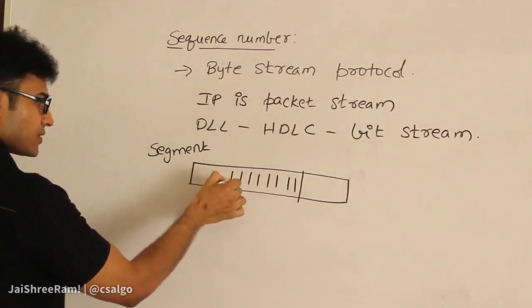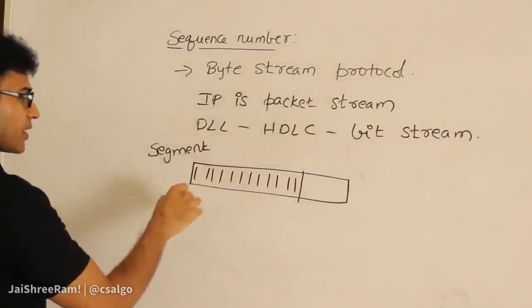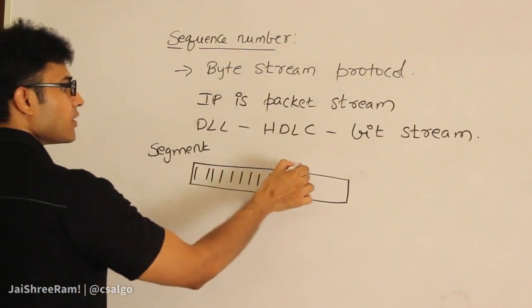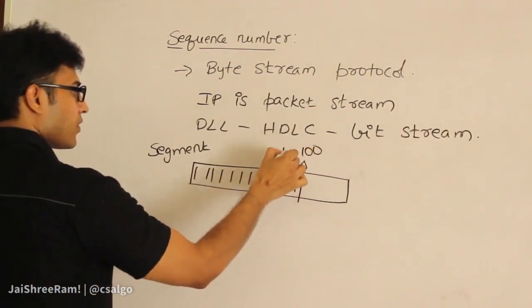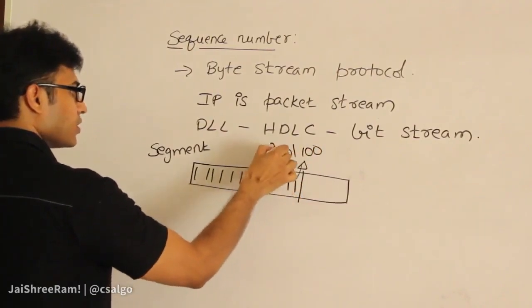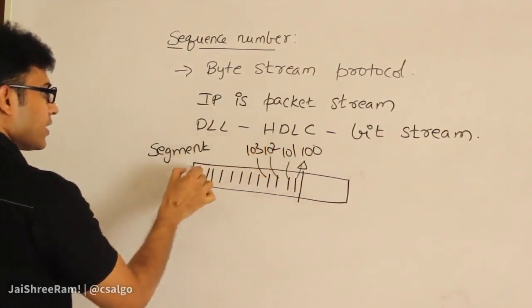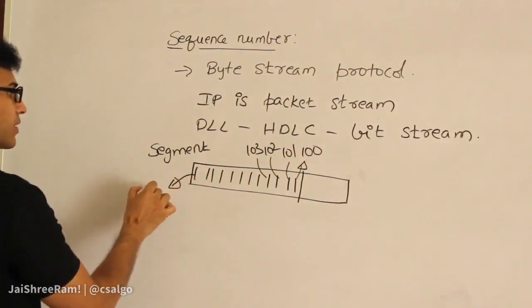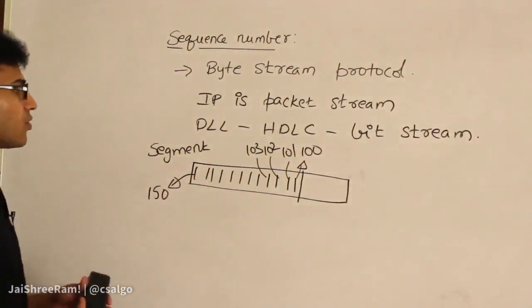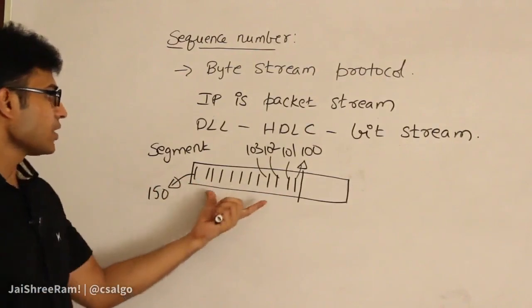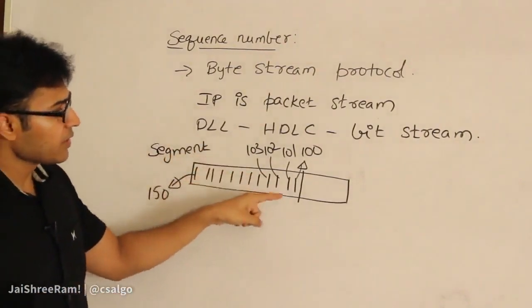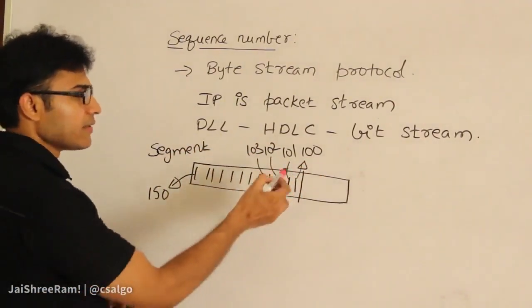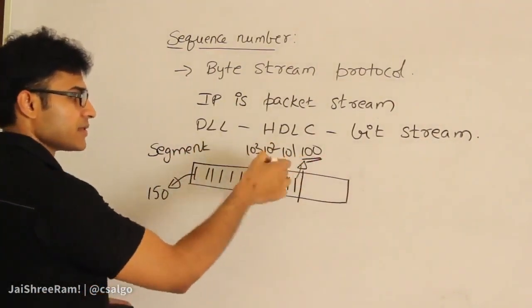All the bytes present inside the TCP segment, every byte is going to get a number. For example, if this byte is 100, the next byte is 101, the next is 102, the next is 103, like that. The last byte is, let us assume, 150, right? So from 100 to 150, all the bytes are present in this segment. Then the sequence number that I should put in the header is the sequence number of the first byte present in this packet.